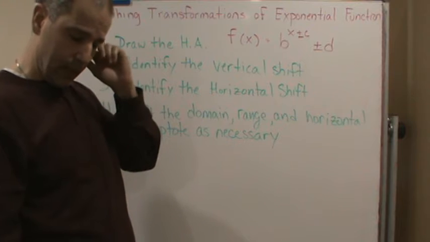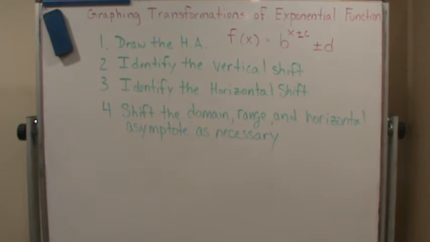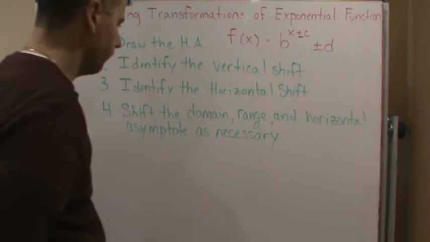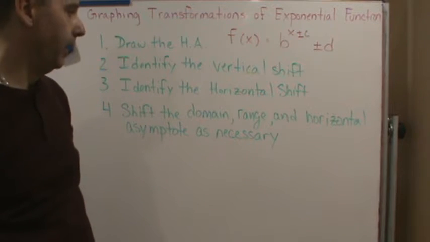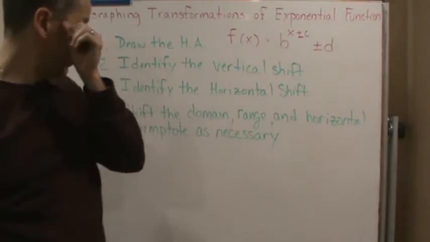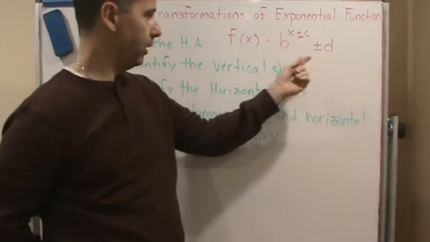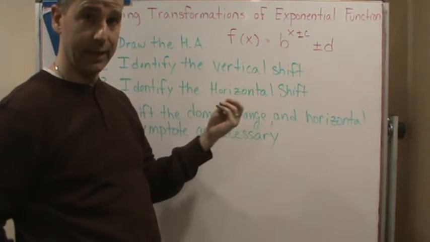If we look at shifts of a basic function, in this case a parent function of b to the x, I wrote the general case where we have both a vertical shift and a horizontal shift in the same function.